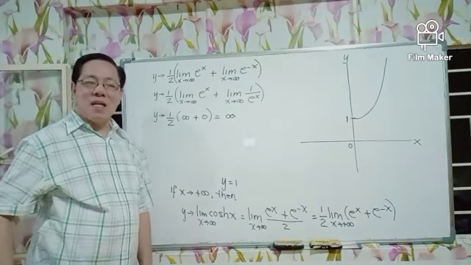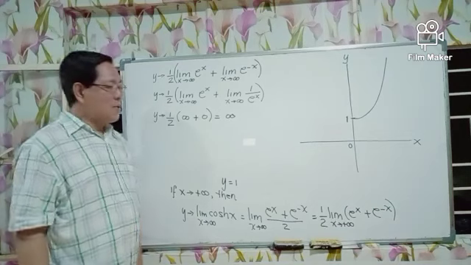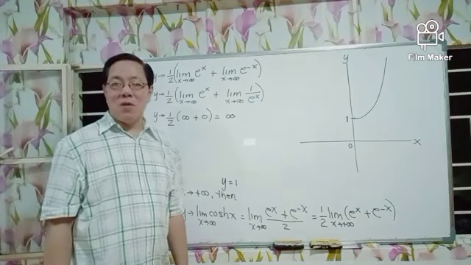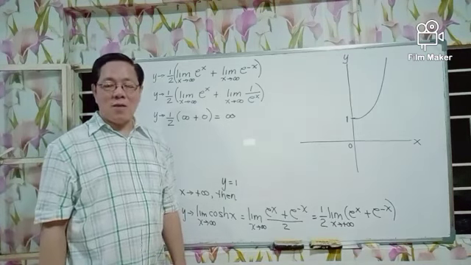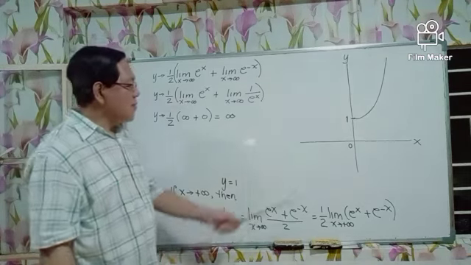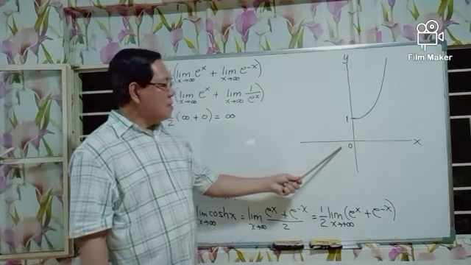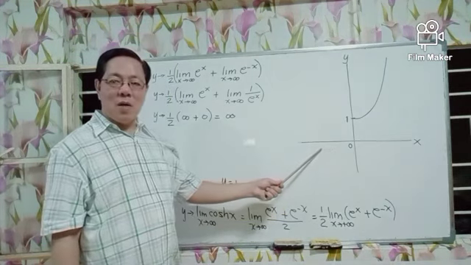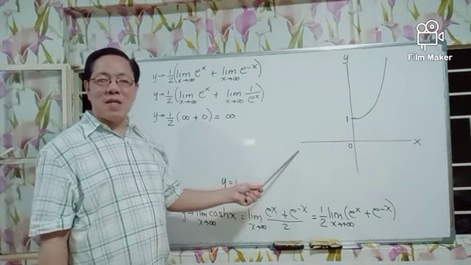Now, we investigate what happens to the value of the hyperbolic cosine of x if x now becomes smaller and smaller and is approaching negative infinity.